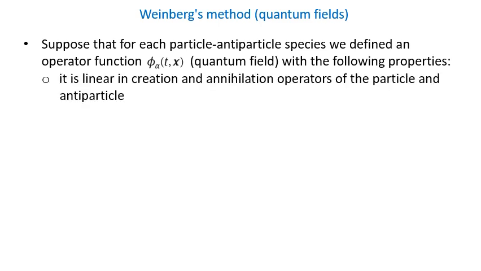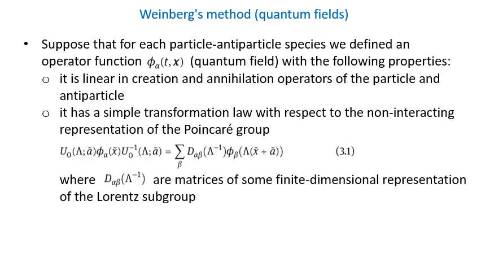First, it's a linear function of creation and annihilation operators. Second, it has the following transformation law with respect to the action of the non-interacting representation U sub 0. Here, D alpha beta are matrices of some finite dimensional representation of the Lorentz subgroup.